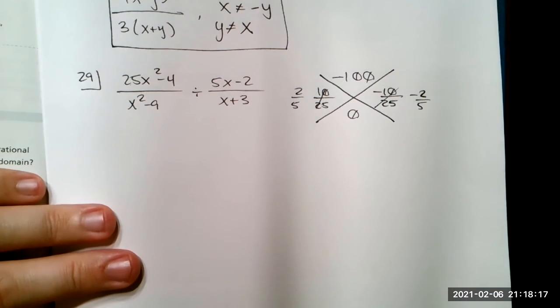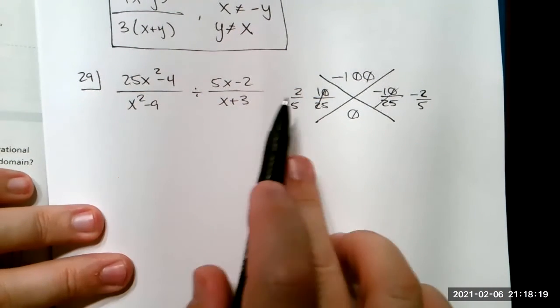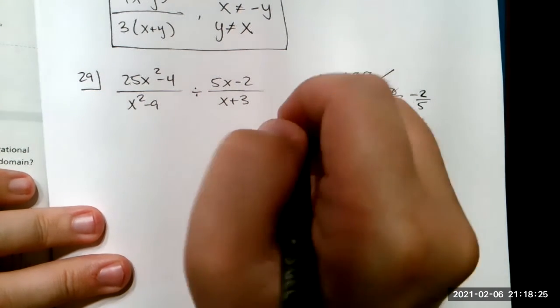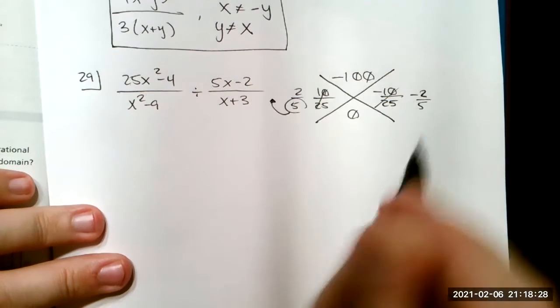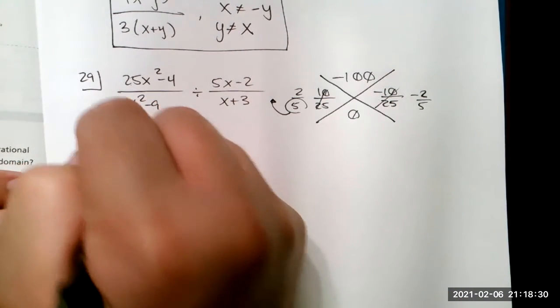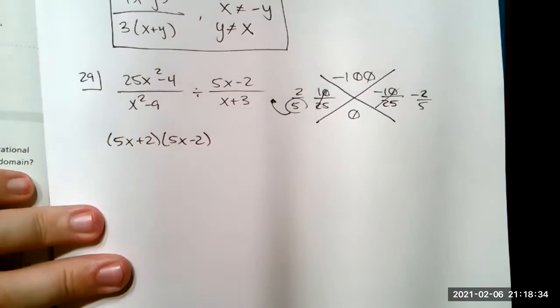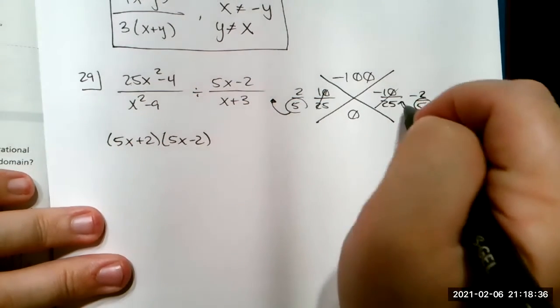So for my first numerator, that's a positive 2/5. Remember, keep, change, rearrange. Slide, divide, bottoms up. That bottom comes up. So it's going to be 5x plus 2 times 5x minus 2. The bottom came up.